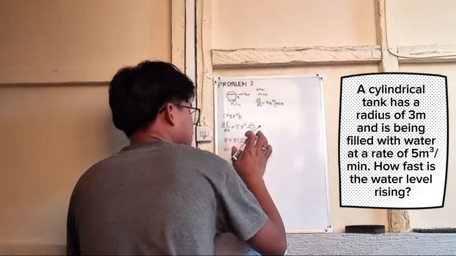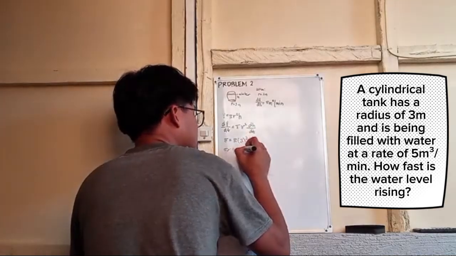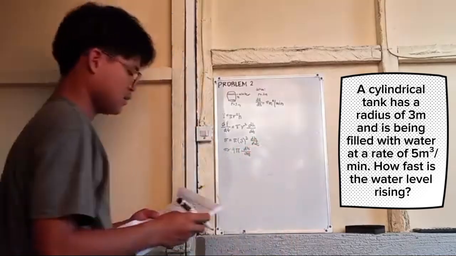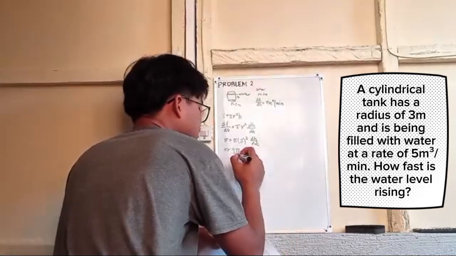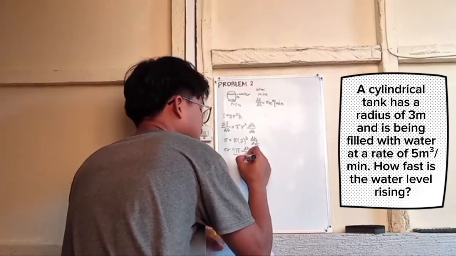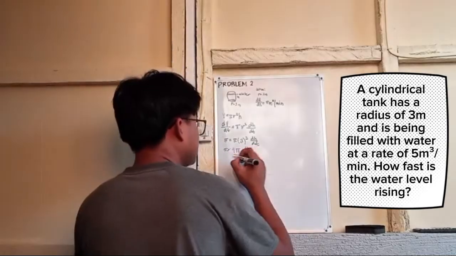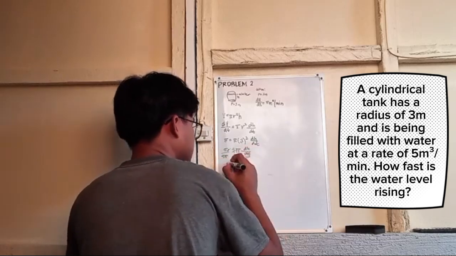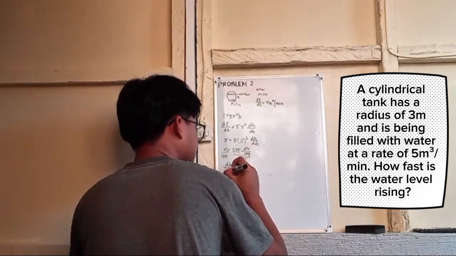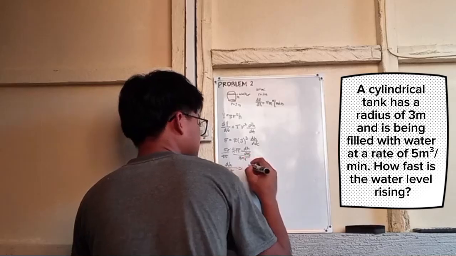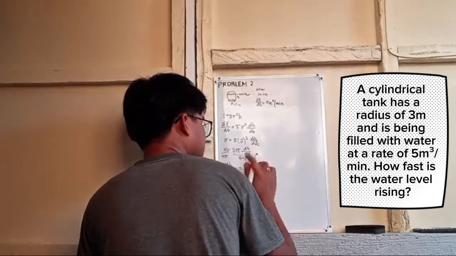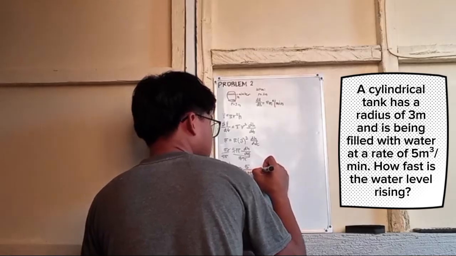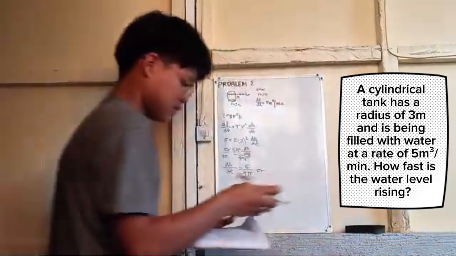So it will now be 9 pi dh over dt. Then we will divide both sides by 9 pi so that dh over dt will remain. And we have the value of dh over dt as 5 over 9 pi.